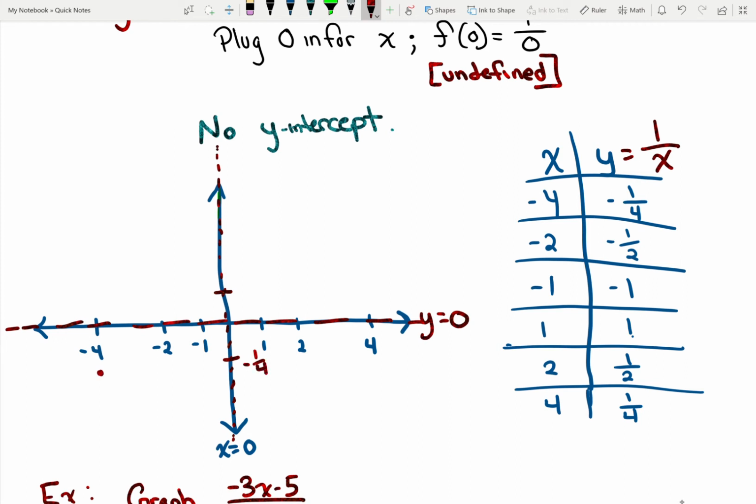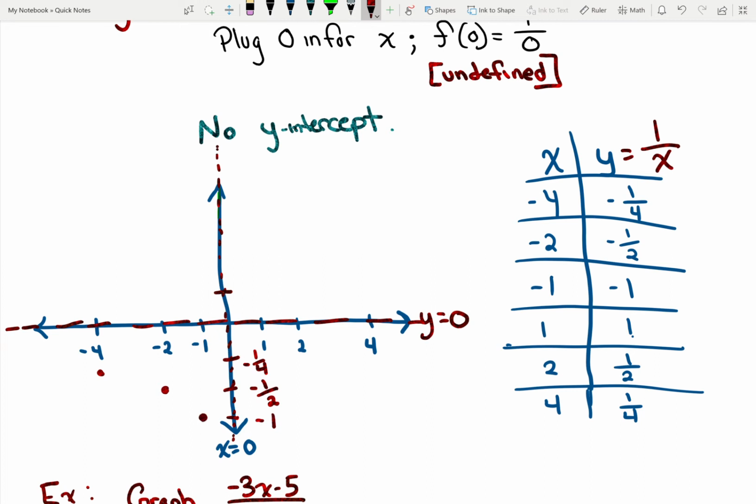Okay, good. Now when I have minus 2, I have minus 1/2. So which way should this be going? 1/2 is bigger than 1/4. Sorry, this is not going to look that pretty. And when I plug in minus 1, I get minus 1. So it looks like this.